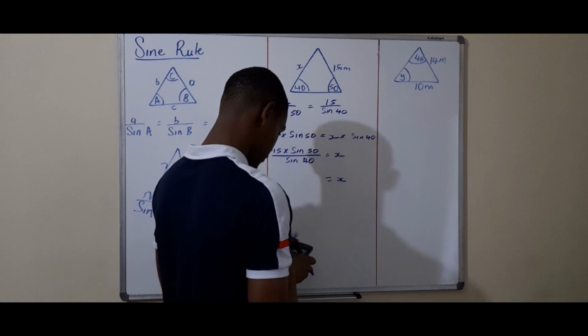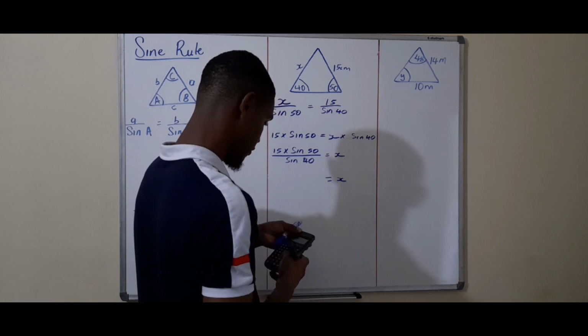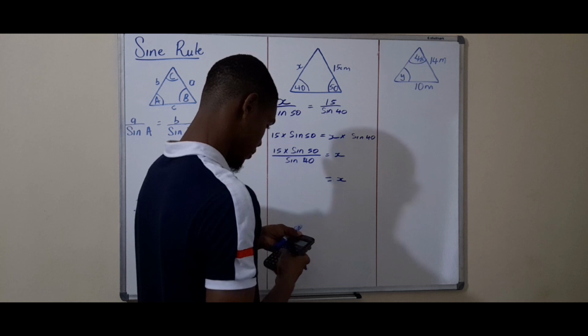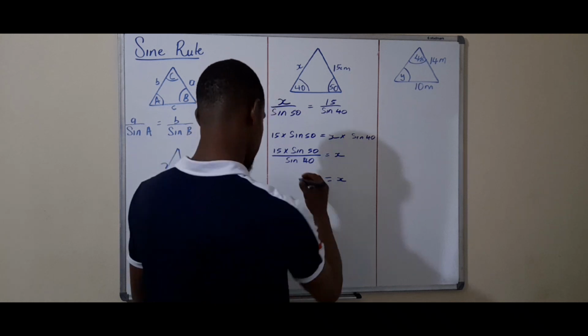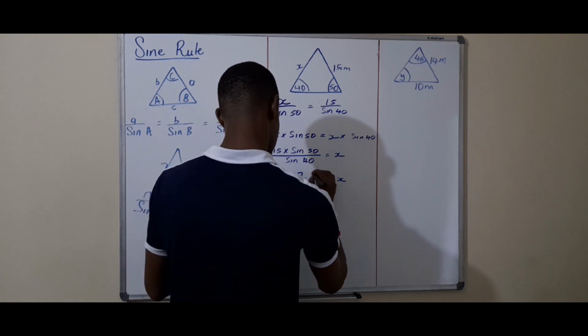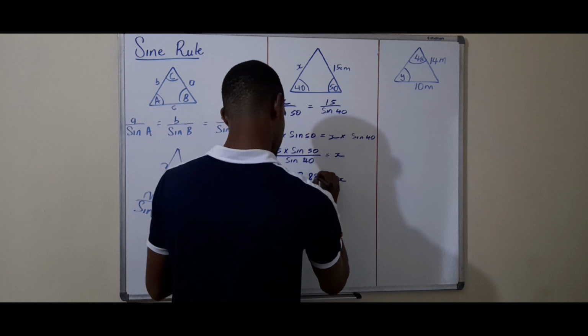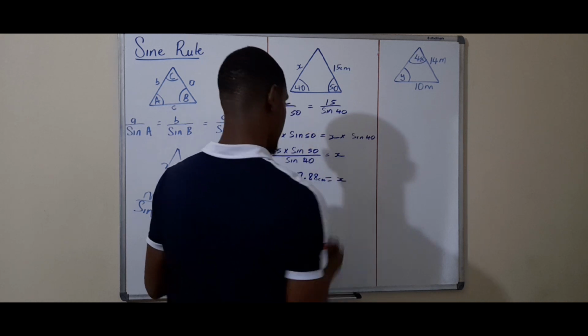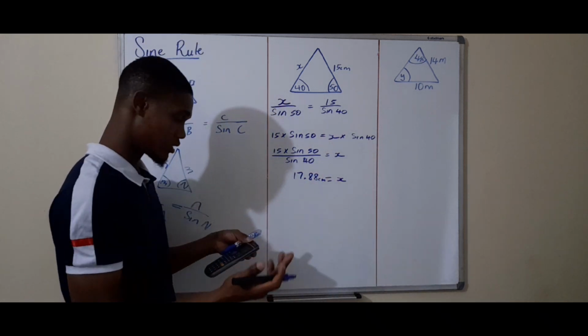So this will be 15 times sine 50 divided by sine 40. That gives you 17.88 cm, rounded off to two decimal places.